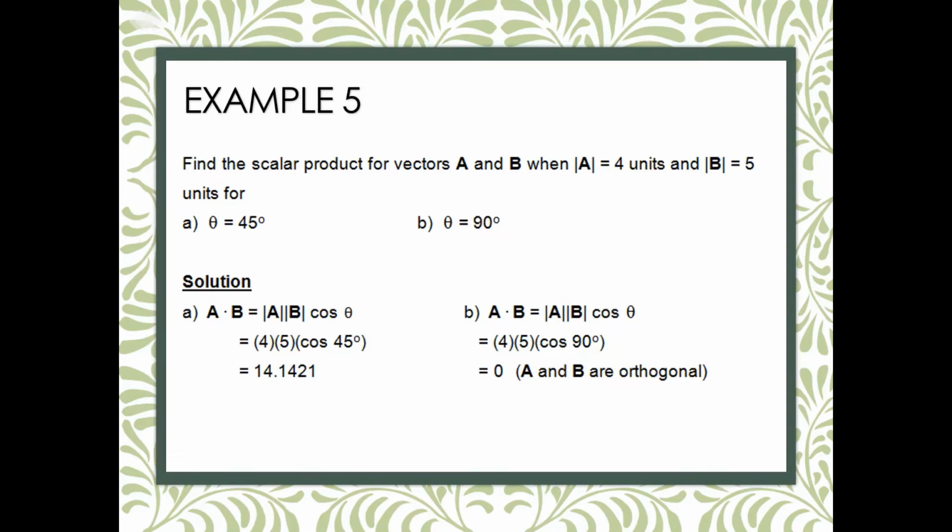By substituting theta equal to 45 degrees into the formula of A dot B equal to magnitude A multiplied with magnitude B multiplied with cos theta and calculating, you will get 14.1421 as the answer. Substitute theta equal to 90 degrees into the formula, you will obtain 0 as the answer, which concludes that A and B are perpendicular or orthogonal.